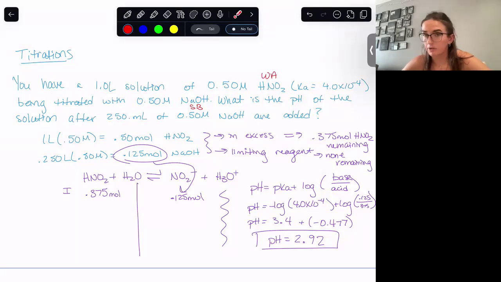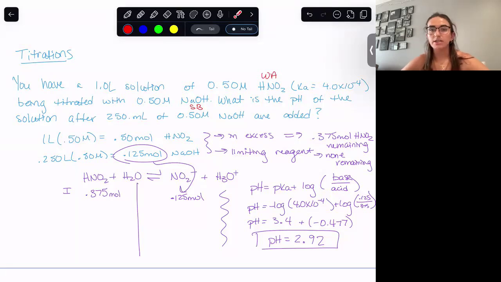That's for the equivalence point. At the half equivalence point, that's when you have an equal ratio of your conjugate base to your weak acid in your buffer. That's for half equivalence. For equivalence, what you're talking about is when the moles of acid equal the moles of base. Yes. Yep, so you said that the moles of acid equal the moles of base at the equivalence point. That is correct.